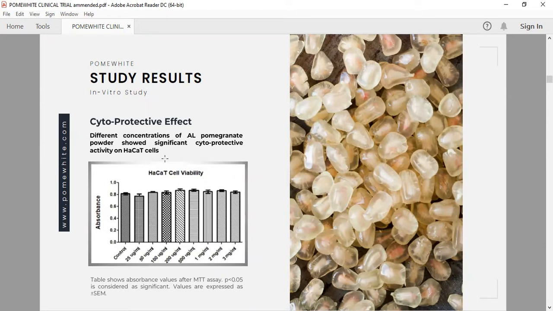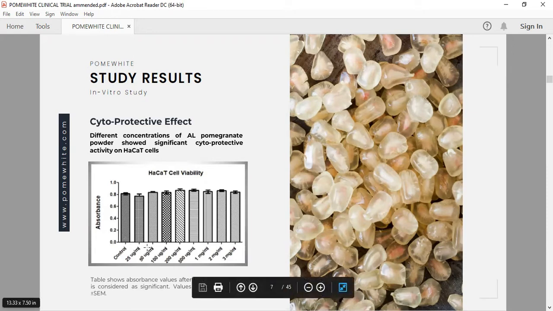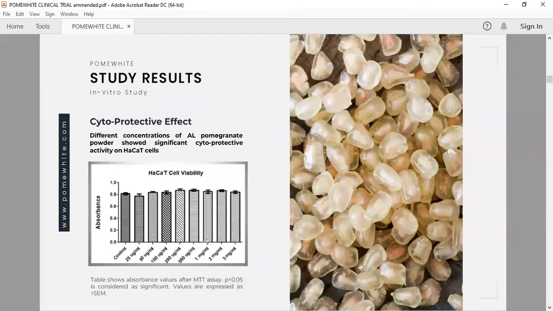A single layer of the cells is formed on a plastic polystyrene surface, and then we apply different concentrations of this Pomewhite onto these cells, along with their medium, obviously. Here we start from 25 microgram per ml in the medium, and from 25 microgram per ml till 3 mg per ml, we have tried it. This 3 mg means 3000 microgram.